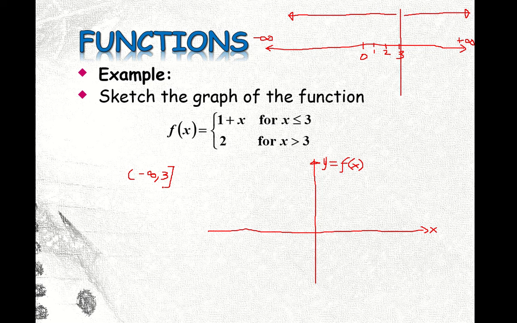Where is it? For example, let us label this first. Our negative 1, negative 2, negative 3, negative 4, negative 5, and so on and so forth.